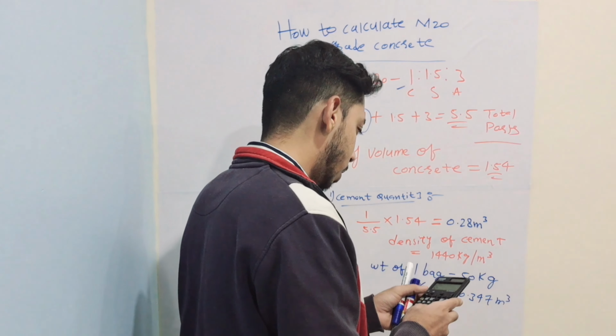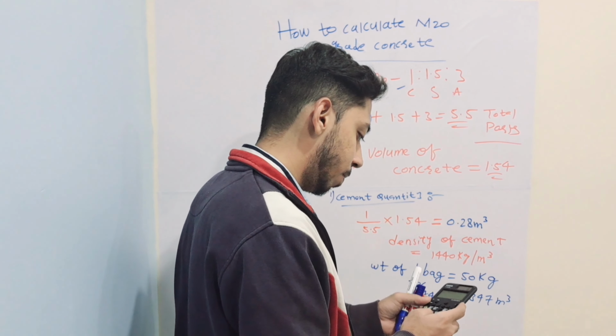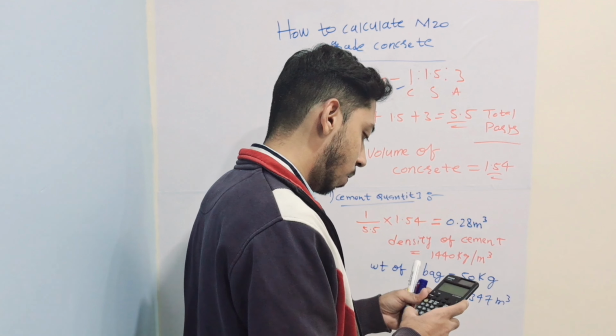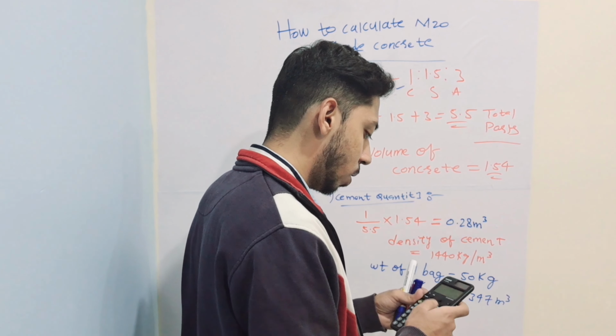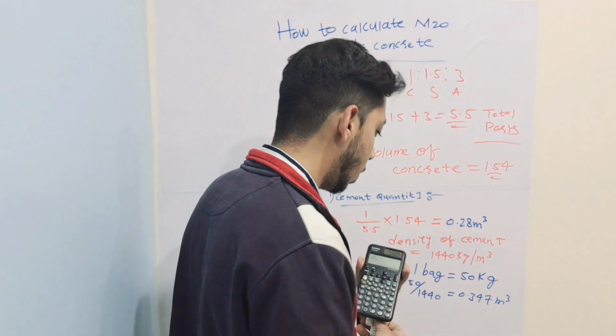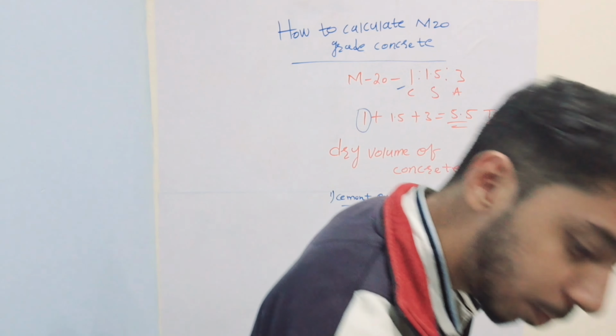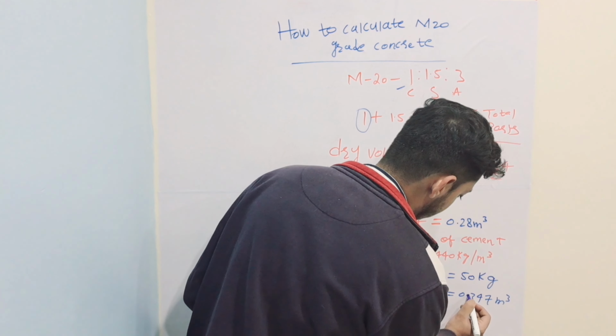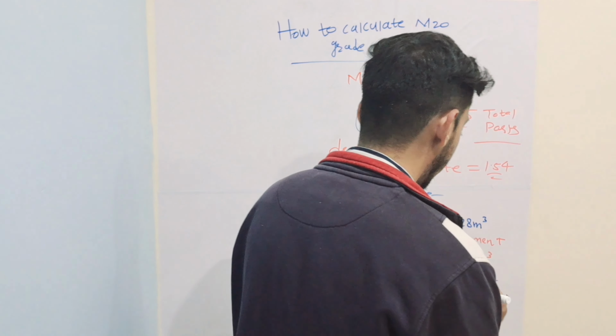Let's recheck once on the calculator: 50 divided by 1440, you get 0.0347 meter cubes.